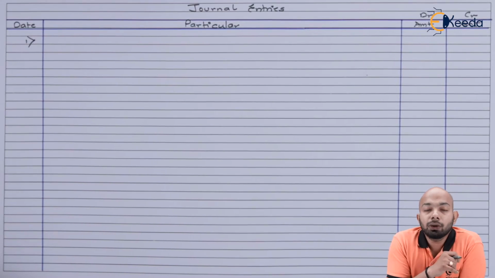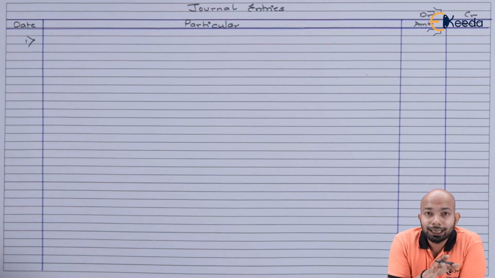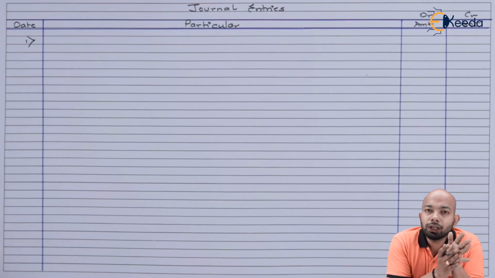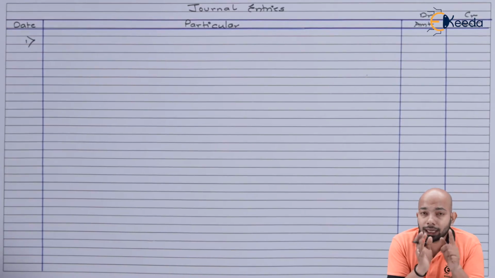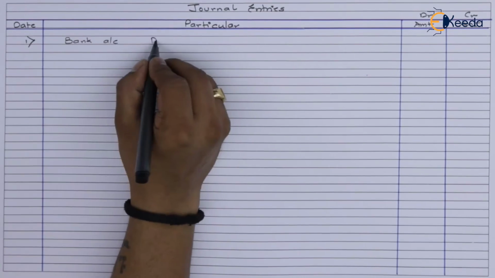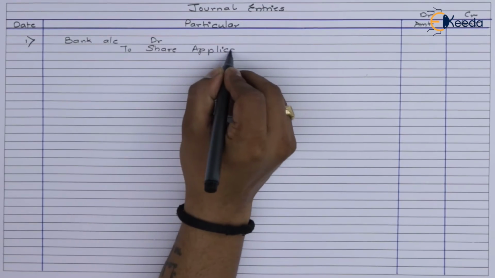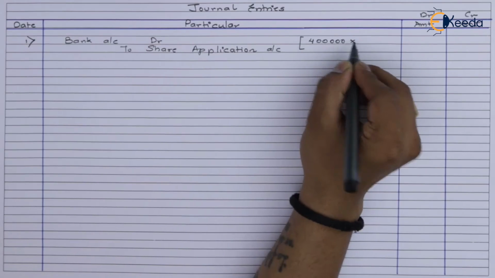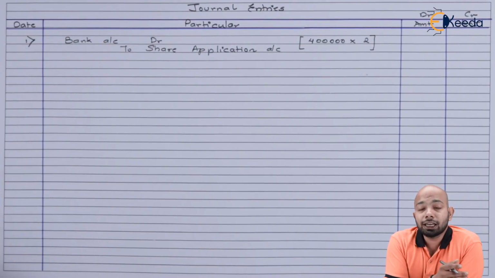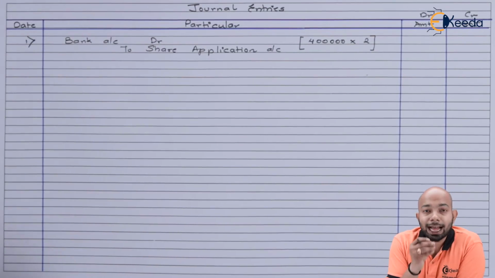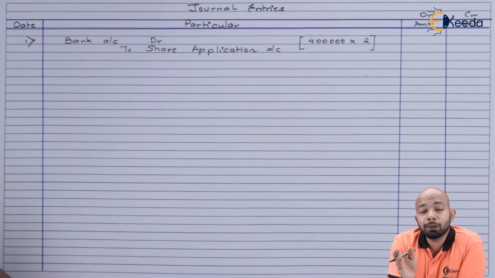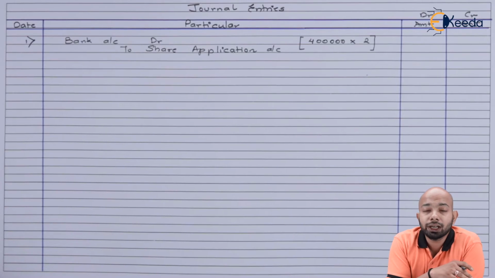Here, we have received applications for only 4 lakh shares, so we'll be receiving only that much amount. The application money that they have paid is only 2 rupees per share. So 4 lakh multiplied by 2 will be the value of the application amount that we have received here.